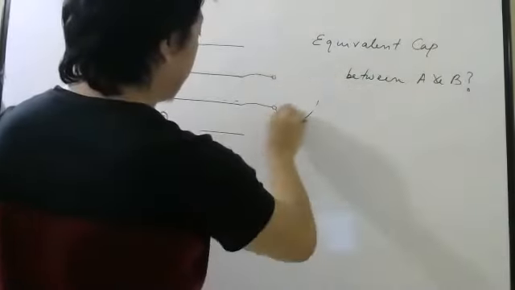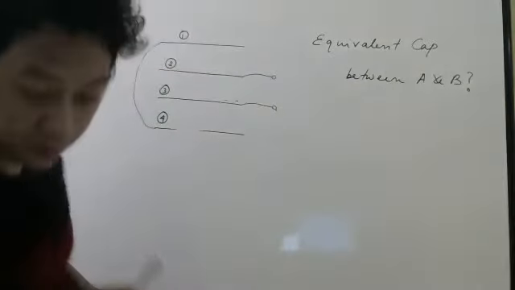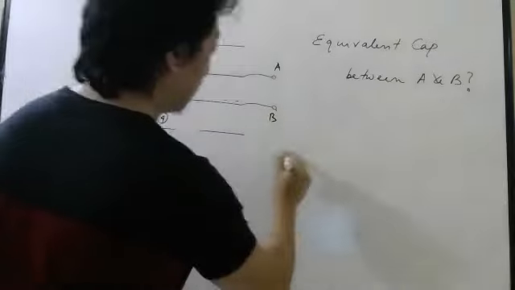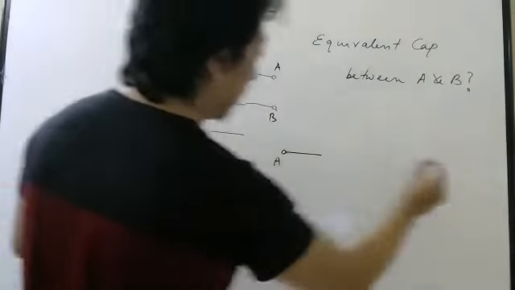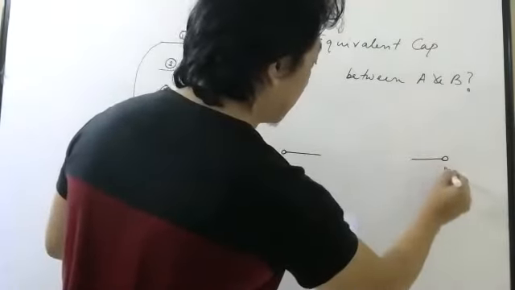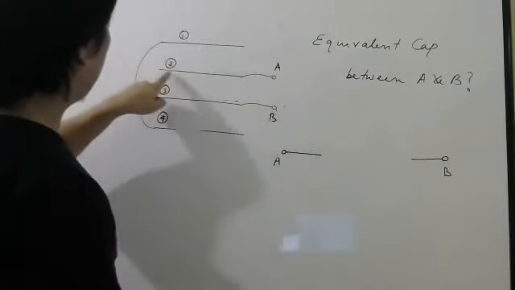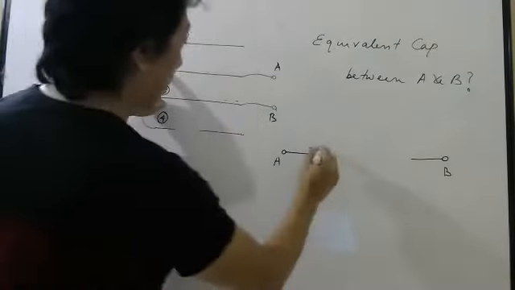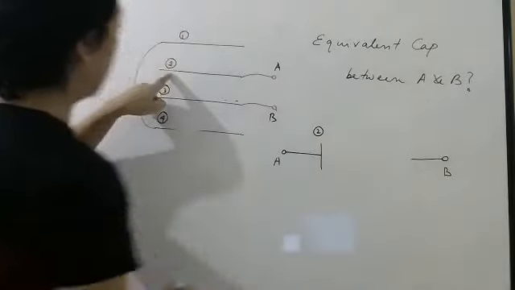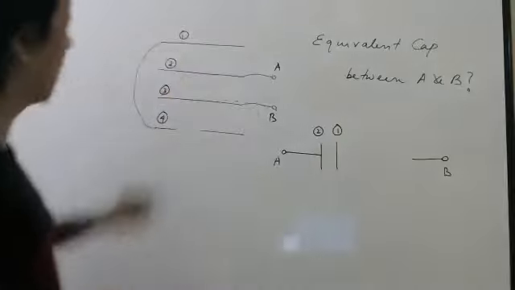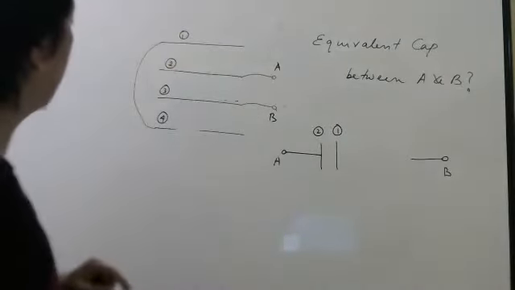A and B. This is your terminal A and here is your terminal B. Let us write like this. So these two will form one capacitor. A is connected to plate number 2, and it will form one capacitor with 1. Correct now? So these two will form one capacitor.